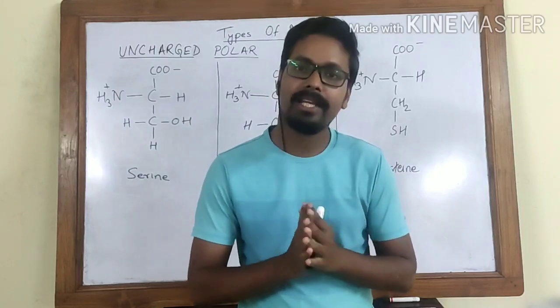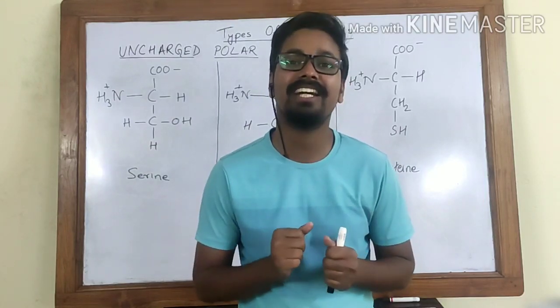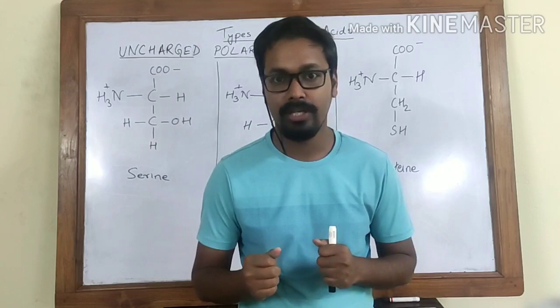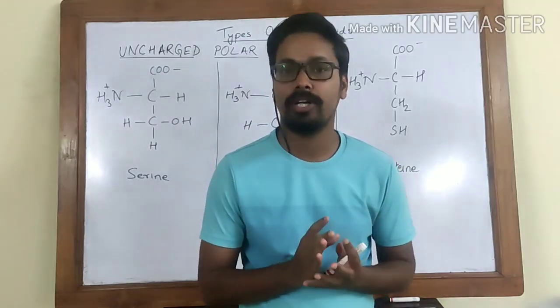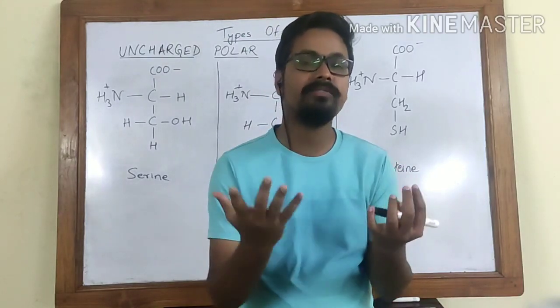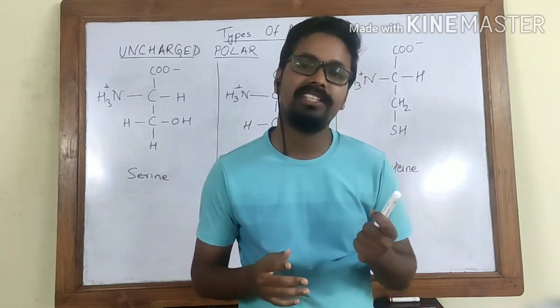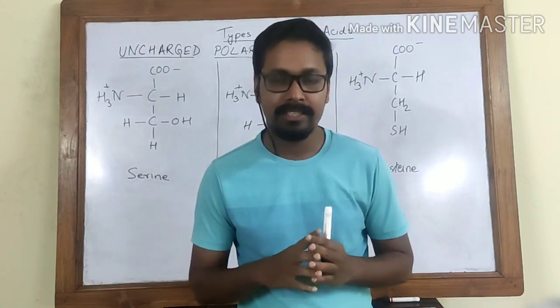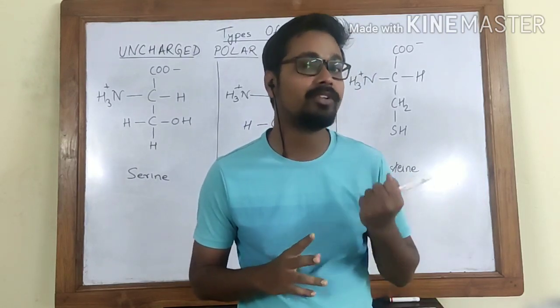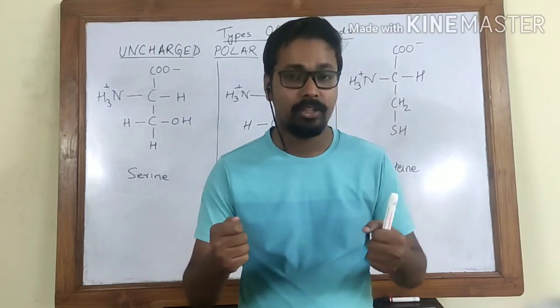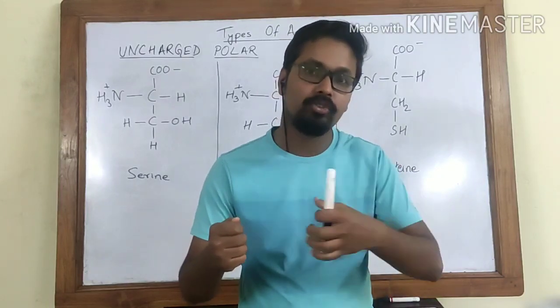Polarity arises when there is a difference in electronegativity between two atoms that are bonded together. Imagine, for example, oxygen bonded to hydrogen. Since oxygen has higher electronegativity than hydrogen, oxygen will pull the electrons towards it.